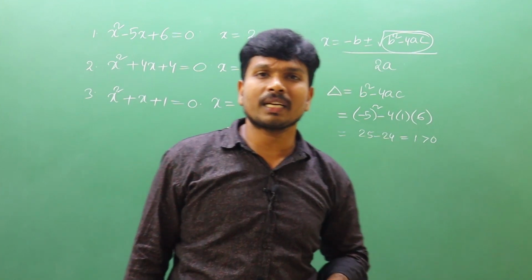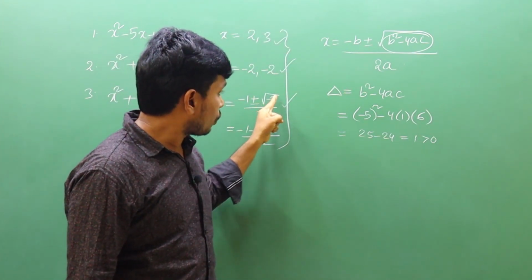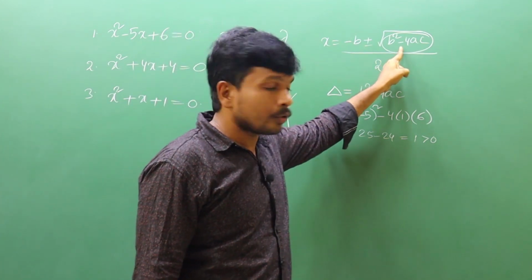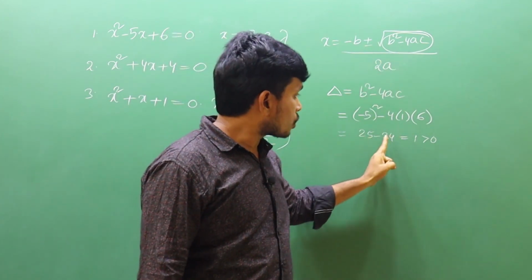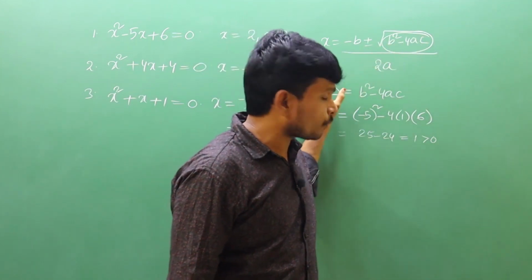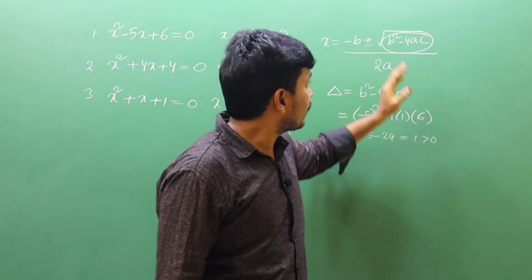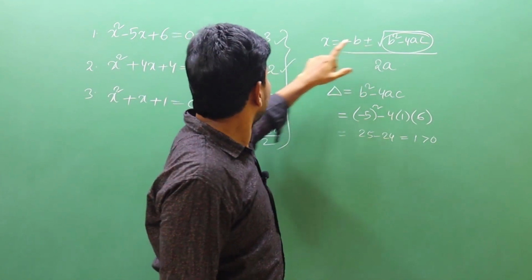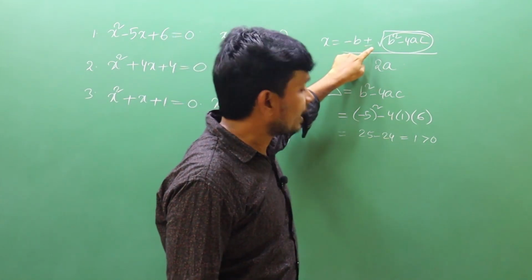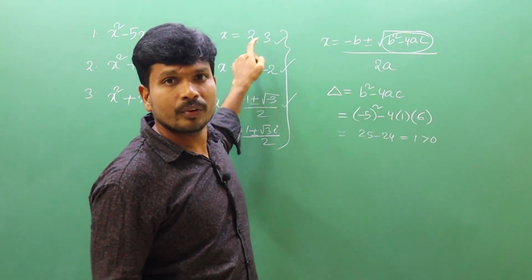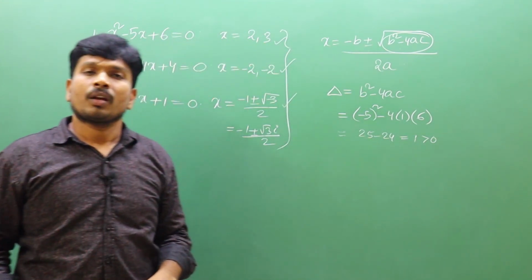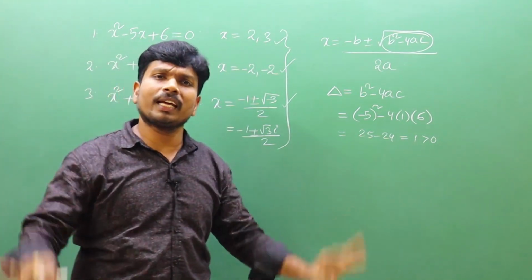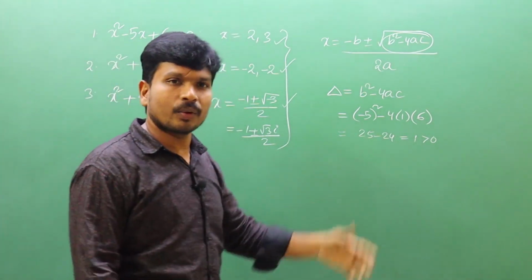What is meant by imaginary number? The square root of a negative number is called an imaginary number. So real value you got it now. If b square minus 4ac is positive, definitely that is a real number. If you take a plus, one value you will get, and if you take a minus, one more value you get. So that's why two roots you will get, definitely distinct, different only.